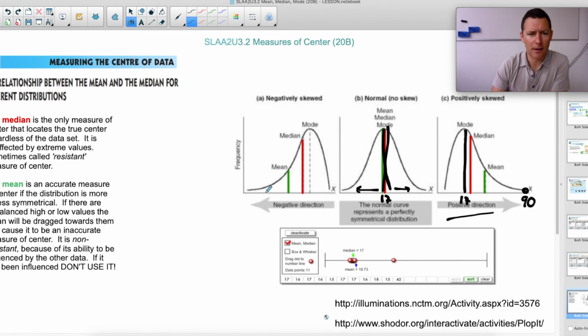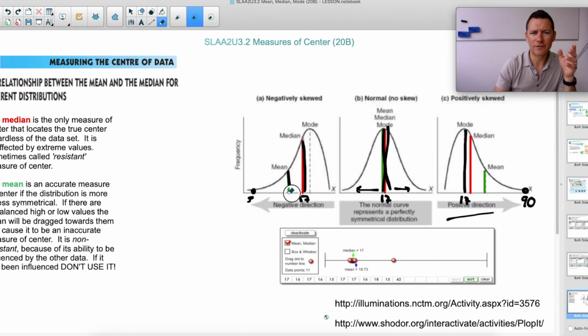If Leonie, my daughter, walks in, she's 3, and I'm not there, I leave the room, I'm like, she's smarter than me anyway, go in there. She skews the ages in the negative direction, right? The bulk of it, the middle of it, is still around 17. But it moves the median a little bit, and it moves the mean even more.